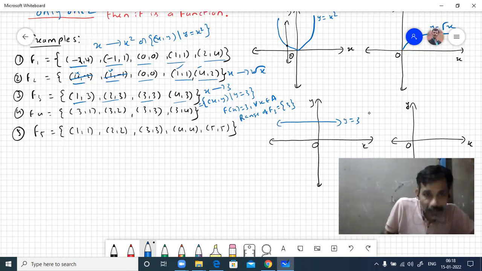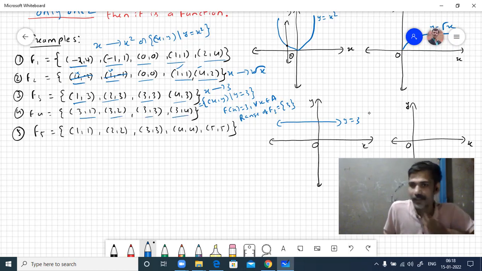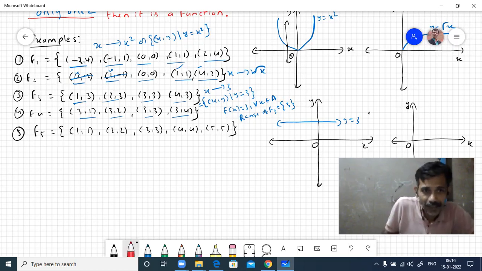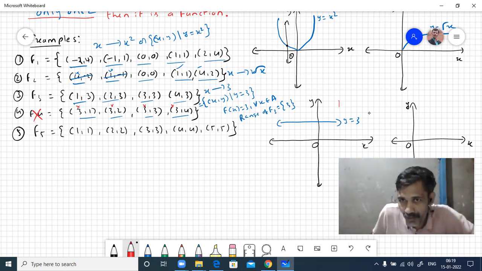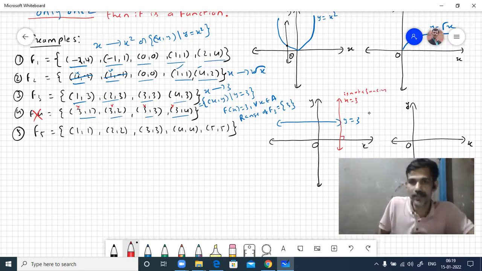Next, if you write the inverse of this: (3, 1), (3, 2), (3, 3), (3, 4). Here all first elements are repeating. Second coordinates, the y coordinates, being the same is not a problem, but the x coordinate cannot repeat. It is not a function at all. A vertical line, that means x equal to 3, is not a function; it makes 90 degrees with the x-axis.